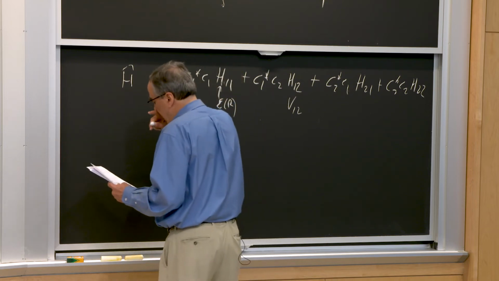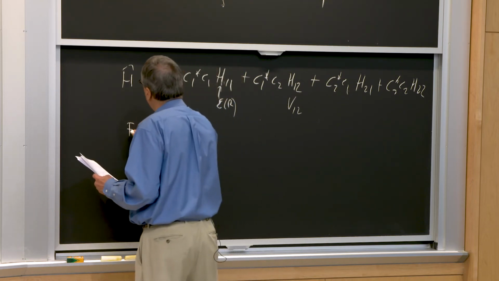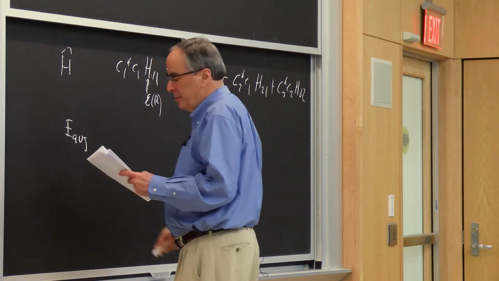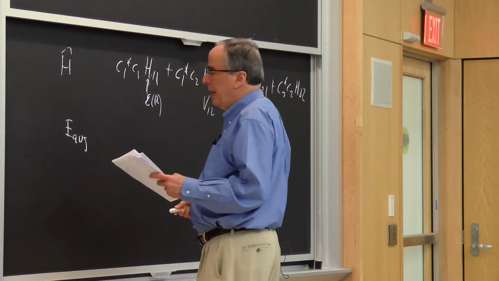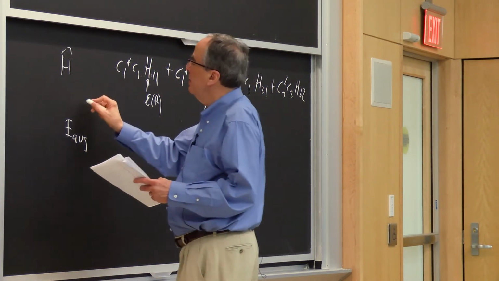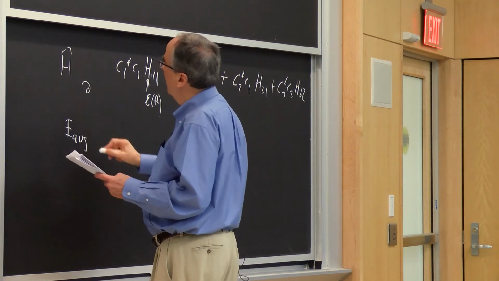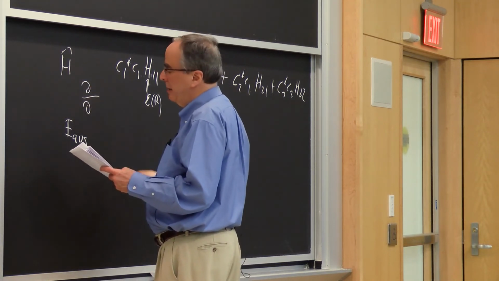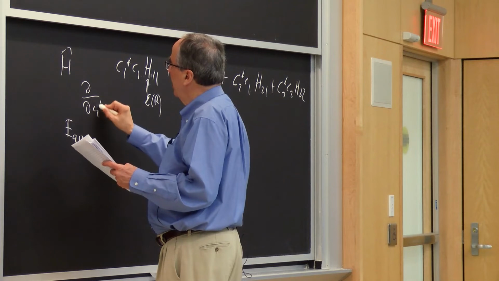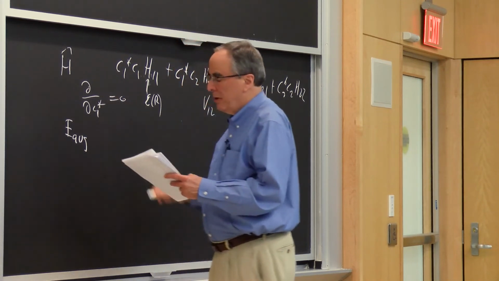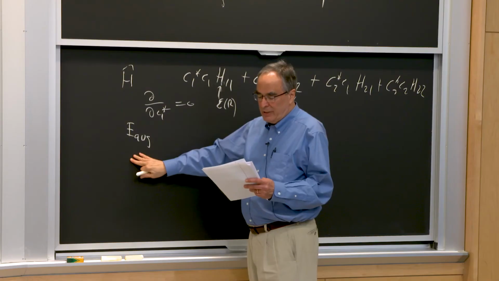So anyway, what we end up doing is a lot of algebra, and what we end up getting when we impose the condition that the partial of everything with respect to C1 star is equal to 0, we get an equation for the average energy.